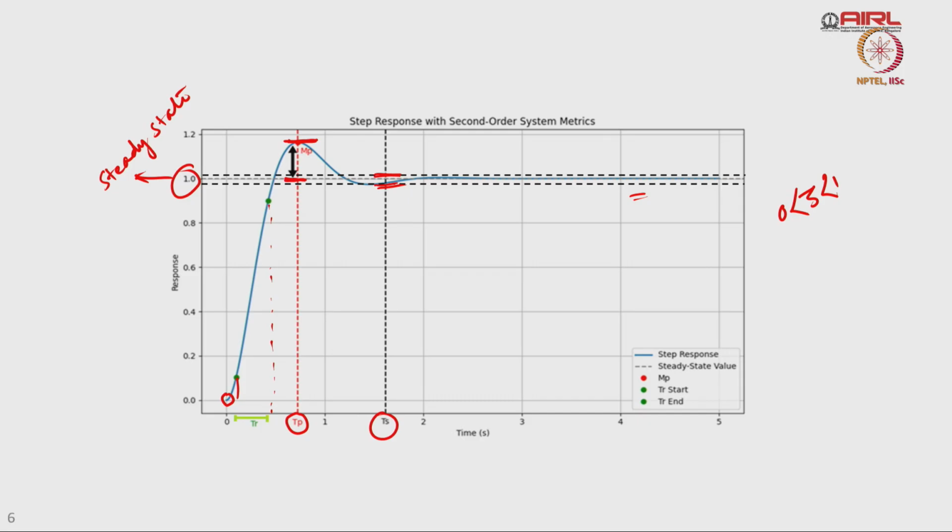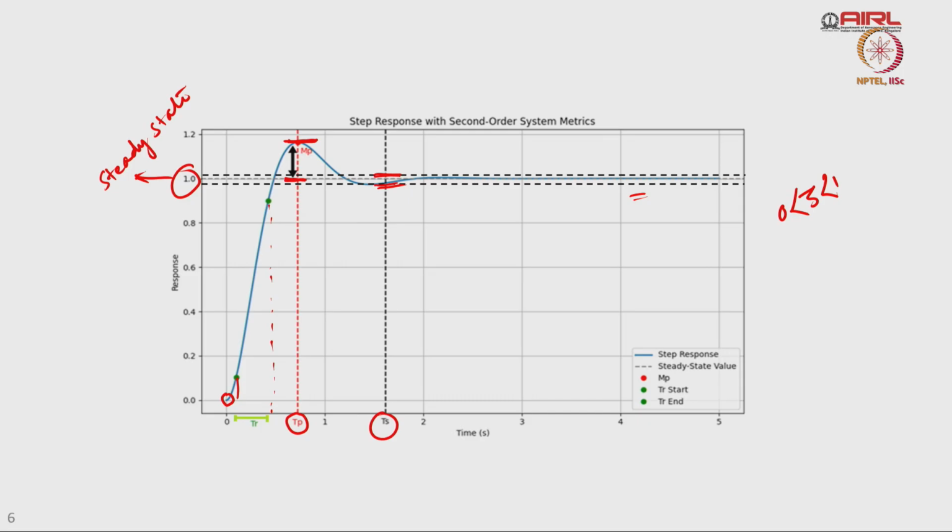So, what is desirable in a system performance? We don't want higher overshoot, we want to keep it less. Ideally, if we do critical damping, then we don't have this overshoot in the system. If we do an overdamped response, that means zeta is greater than 1, then also we will not get this overshoot.